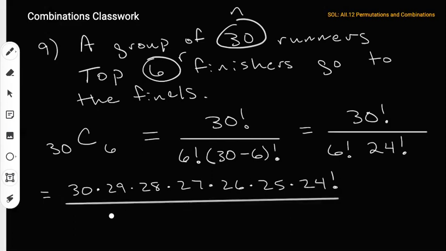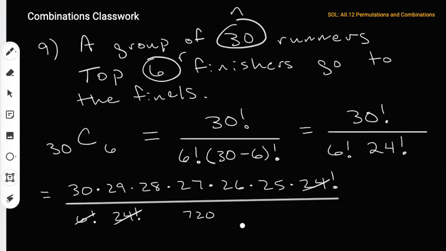And then in the denominator, I'm going to have 6 factorial times 24 factorial. The 24s can cancel out, and the 6 factorial can be rewritten as 720. Because that is 6 factorial.